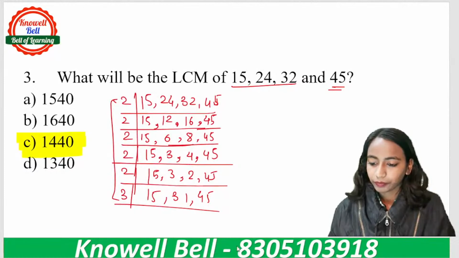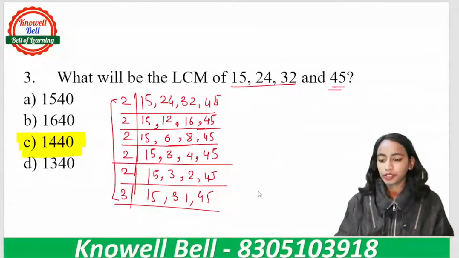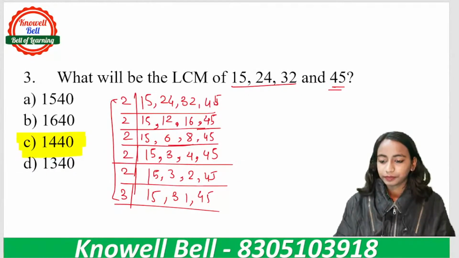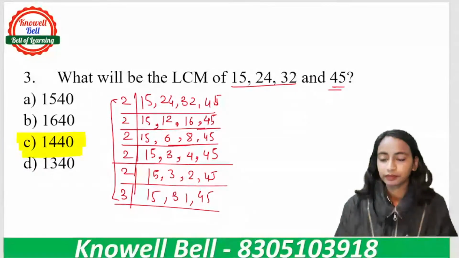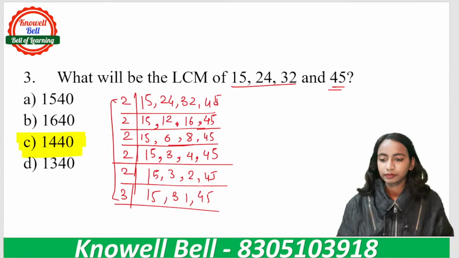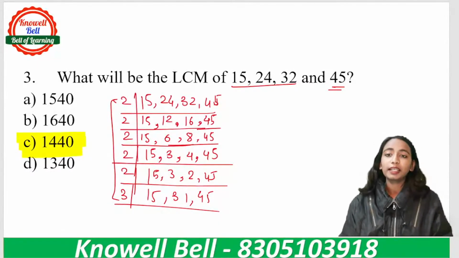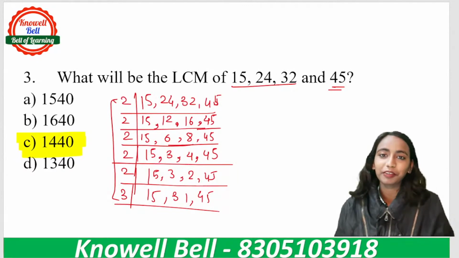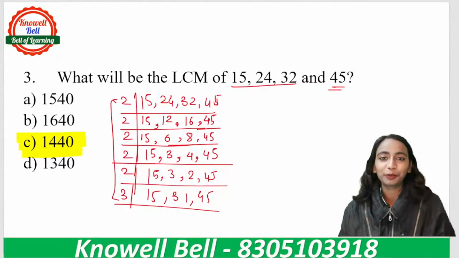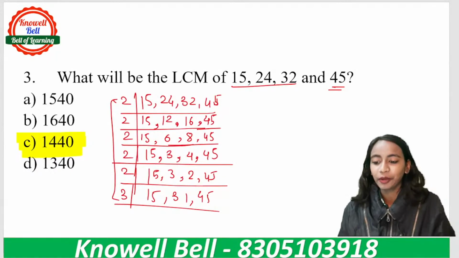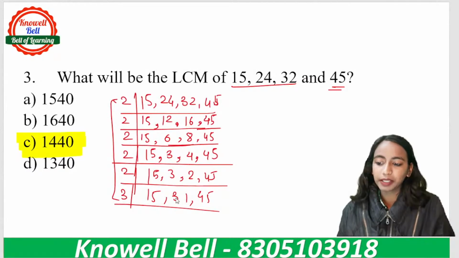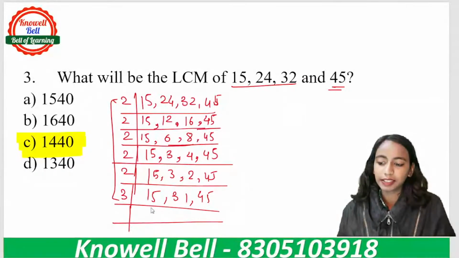Okay, ma'am, I have a doubt. Yes, Vaishnavi. Ma'am, in this question you have started with 2. I started with 5, but my answer is correct. Yes, because at the end, have a look. Why did this happen, Vaishnavi and everyone, that I started with 2, Vaishnavi started with 5, but our answer is the same? Because at the end, all we are doing is multiplication. Here I'll proceed again: 5, 1, 1, 15.